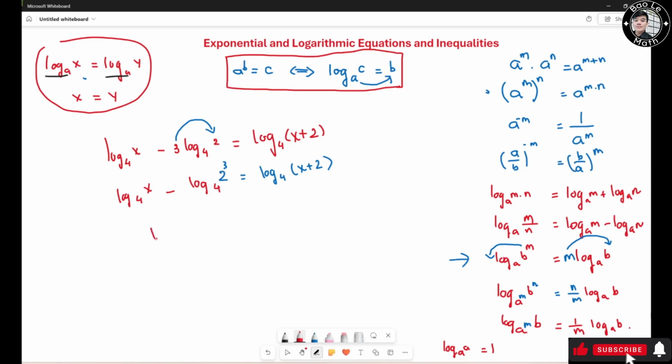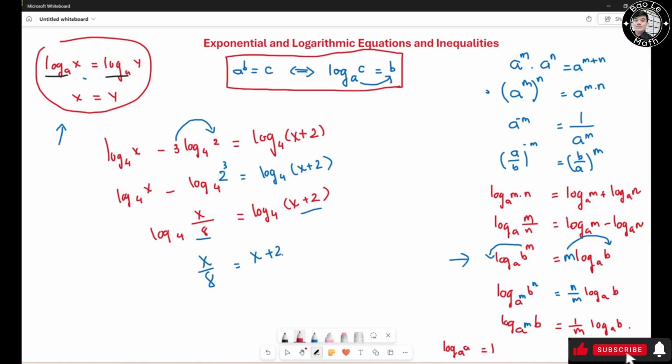So this guy turns out to be log base 4 of s over 8 equals log base 4 of s plus 2, right? And then you just equate this guy and this guy, right? By using the formula right here. So s over 8 equals s plus 2.